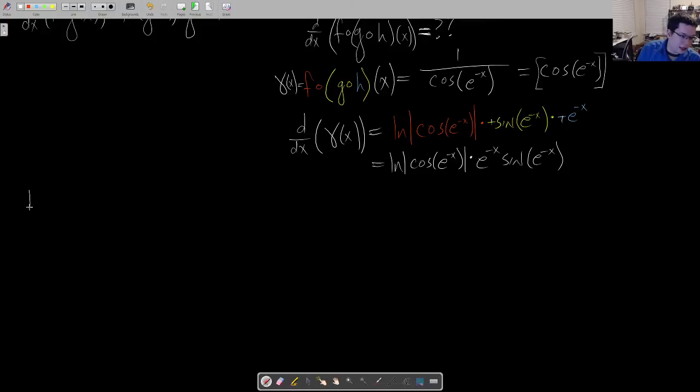So let's take the limit as x goes to infinity of the natural log of the absolute value of the cosine of e to the negative x times e to the negative x times sine of e to the negative x.